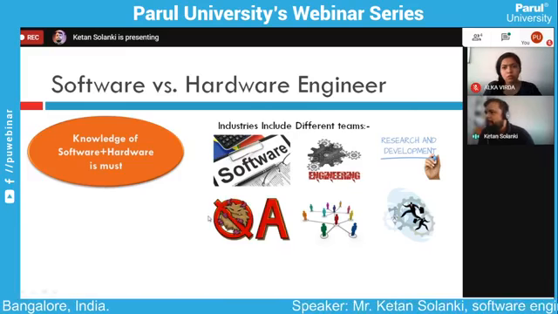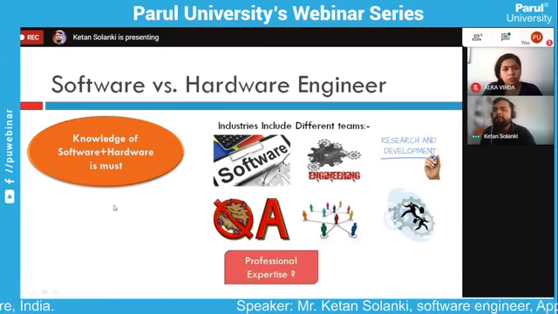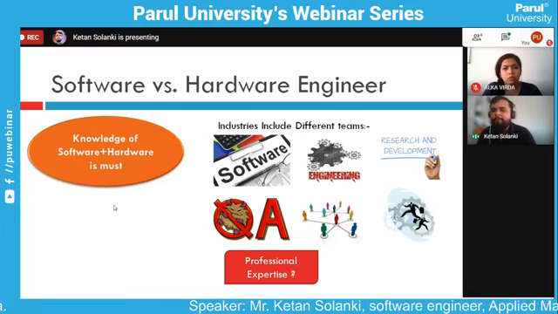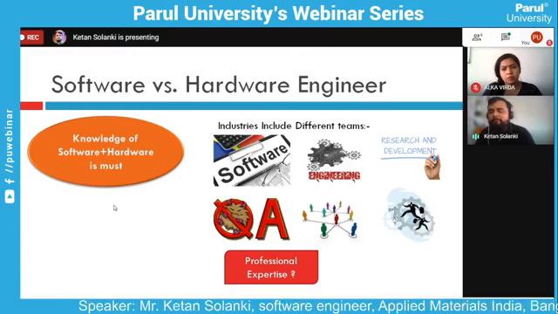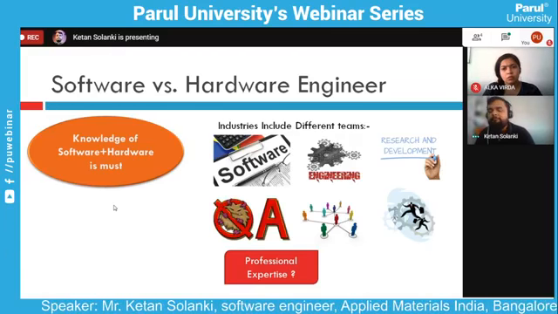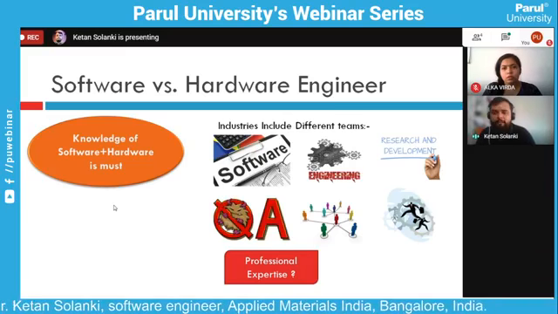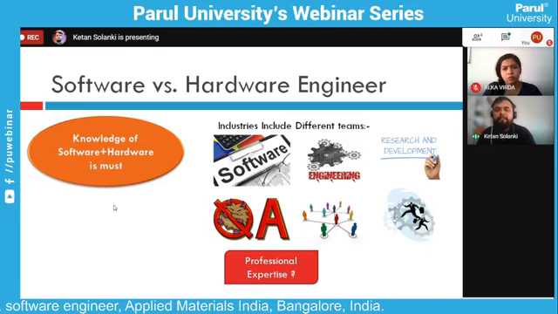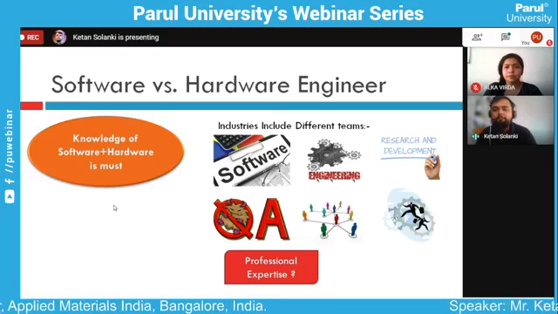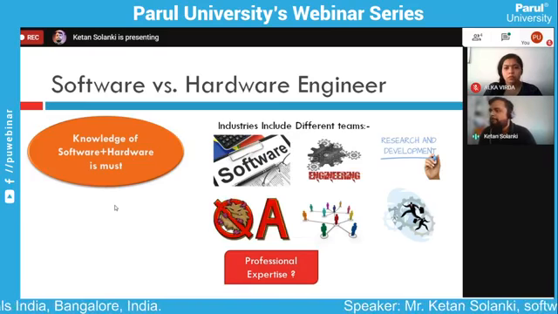The perspective for explaining this concept is that as a student we have a question: what to choose as a professional expertise, and how to go further with our career path after completing a B.Tech.